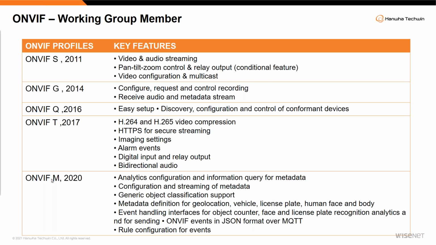So you will not find ONVIF M in the old cameras. If the camera is not AI based or does not have much to send as metadata, you will not find ONVIF M. Just keep this in mind. You will find it in all the latest AI cameras. T is for H.265.